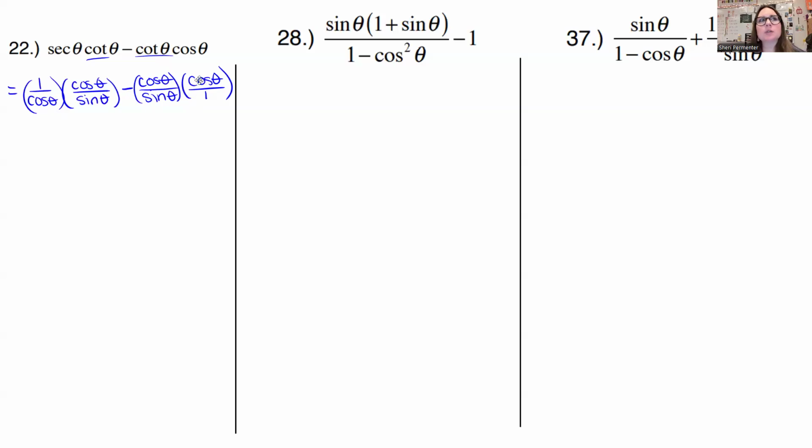And what's cosine times cosine? Cosine squared. Okay. So the cosines can cancel. And do we have like denominators? No? Yeah. So what if we put that together? So in my numerator, I'm going to get 1 minus cosine squared over sine.